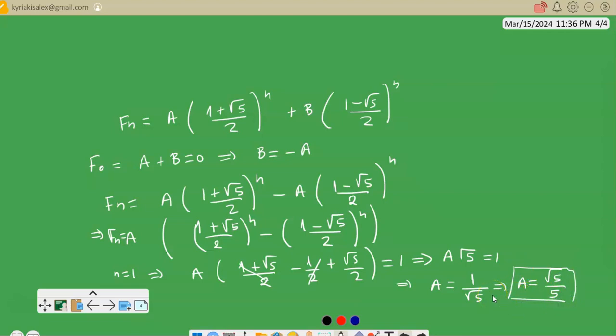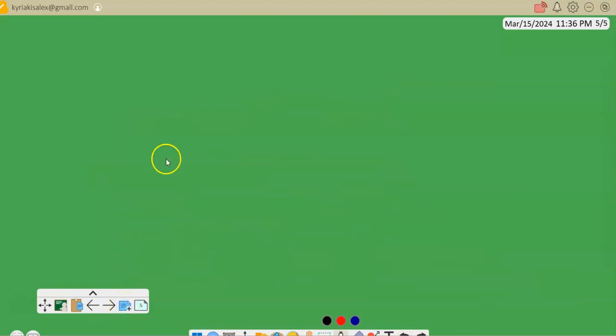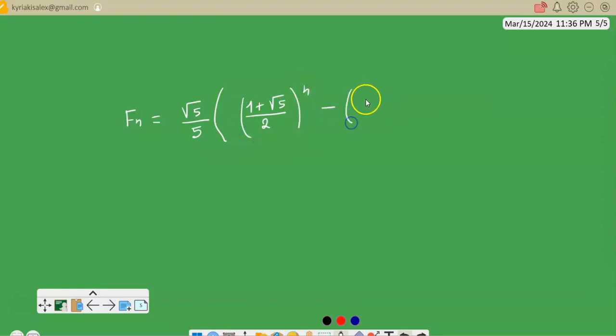As a consequence, the explicit form for Fn is the following: Fn equals square root of 5 divided by 5, times 1 plus square root of 5 divided by 2 to the power of n, minus 1 minus square root of 5 divided by 2 to the power of n.